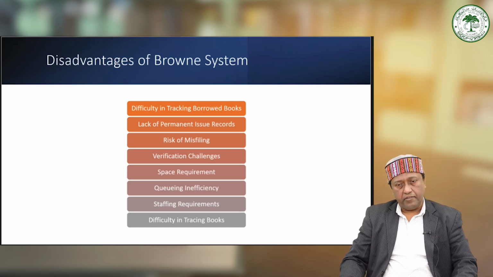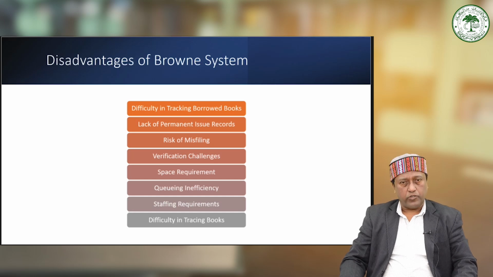So one has to be very efficient, very vigilant. Staff should be there to manage this. Otherwise, after issue, if it is a wrong issue, it creates a lot of chaos. And number two, the reservation also becomes a chaotic process. So what a library needs is efficient, vigilant staff at the circulation counter.